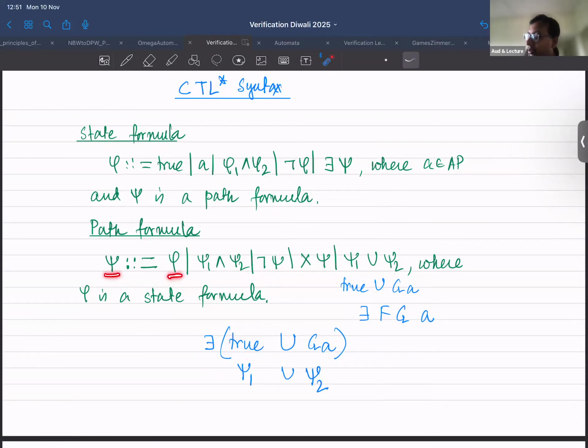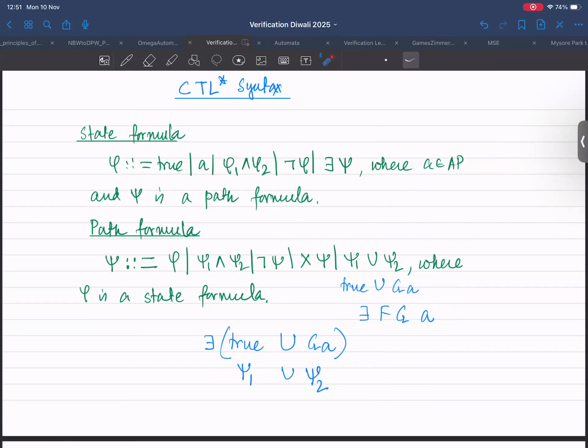And psi 2 is anyway a path formula. So you have globally A, correct? Globally can again be written using the until, with negation of the until and so on. Indeed, a formula like this is not allowed in CTL, but it is allowed in CTL star. Was this clear? Any question?